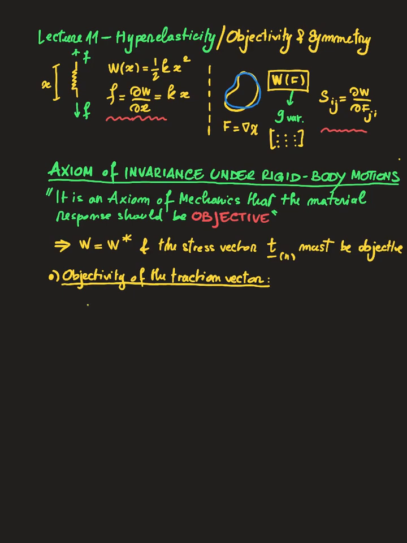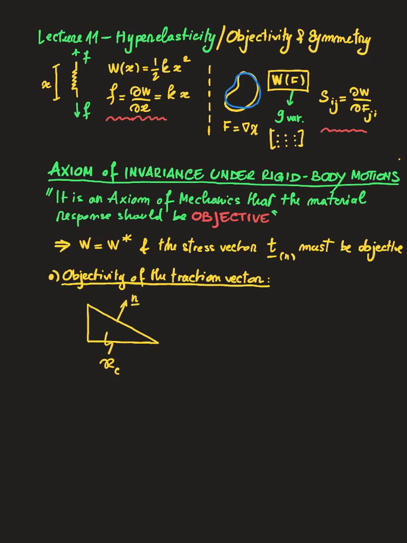Imagine taking a little block of material, and you've already seen with Michel when you did the introduction of the so-called Cauchy's theorem. And in Cauchy's theorem, you've used this argument of the tetrahedron. Imagine now that you're looking at the tetrahedron from one side. So imagine this is the body, for example, in its current configuration, and imagine, for example, that this is the unit normal going in this direction.